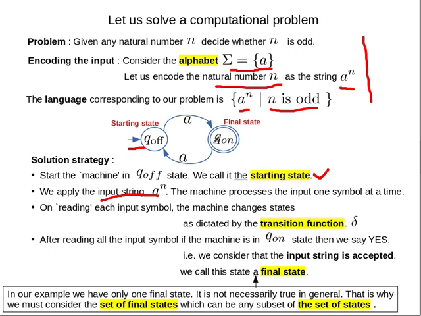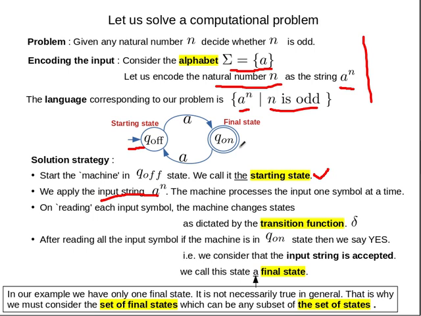Upon reading the second a, again it makes this transition and comes back here. So it is obvious that if it has read even many a's, then it will come back to this q-off, because it started with q-off. If it has read odd many a's, then it will be in this q-on state, right?